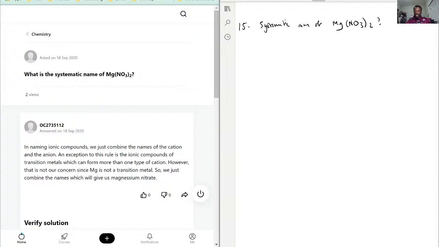So for this, we still have to check whether it's an ionic or molecular compound. So for this, we have to go through our periodic table. We have magnesium, nitrogen, and oxygen.